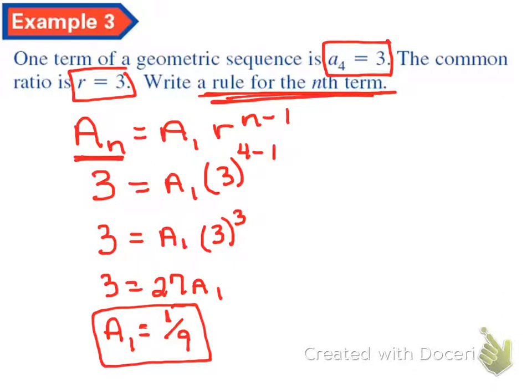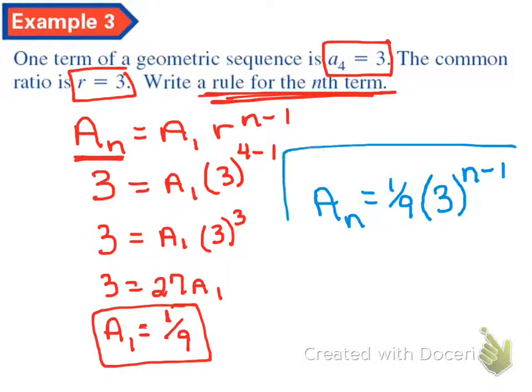So plugging into our geometric sequence rule, any term is equal to that first term times the rate raised to the power of n minus 1. That's it. Remember, you can't simplify this any further because the rate is being raised to a power. This is as far as you can go. This would be the rule.